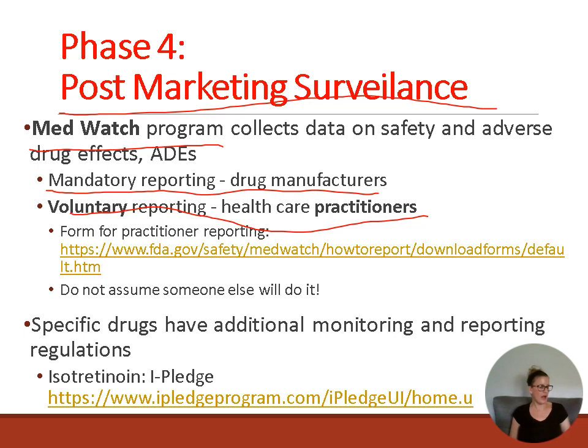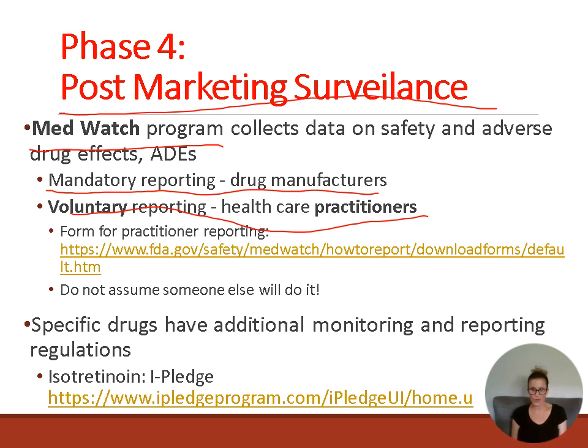For example, an increased risk of suicide in teenage patients who start taking antidepressants. We did not know about that until antidepressants were out in the general public and started being given to teenagers in higher numbers. There's a diabetes drug, rosiglitazone, that causes a lot of cardiac issues.